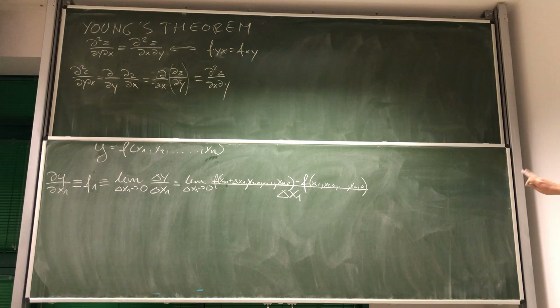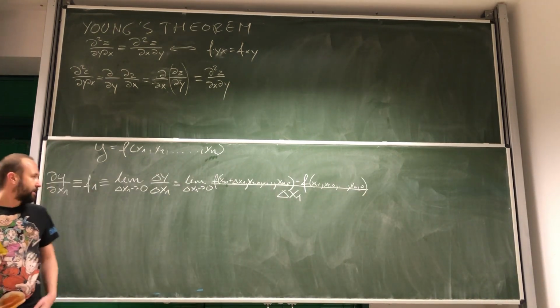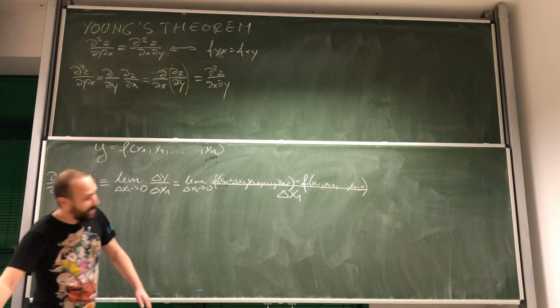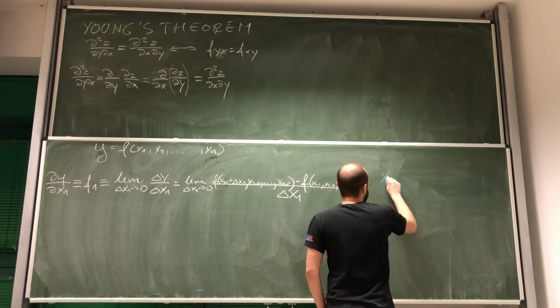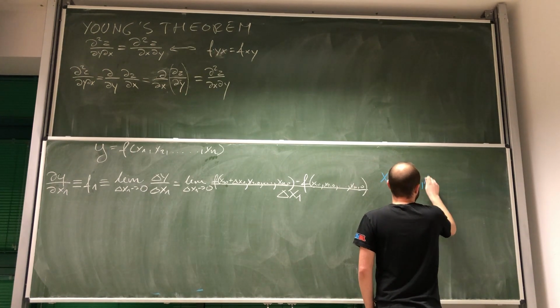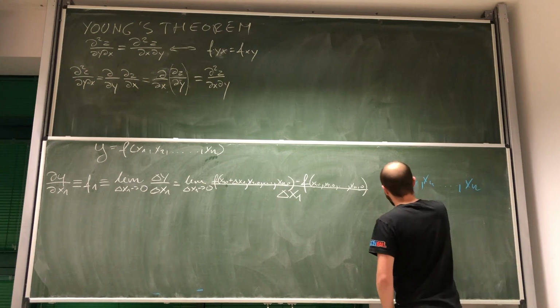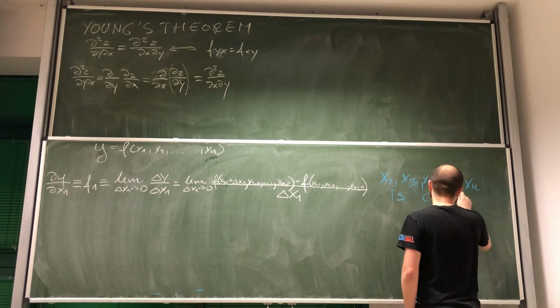This is some specific formulation, but what can we notice over here? Look, again, only one variable is changing. x1 is changing, but at the same time, x2, x3, x4 until xn are constant.